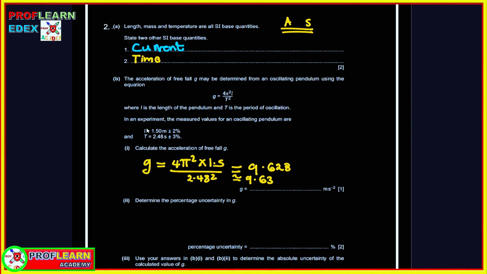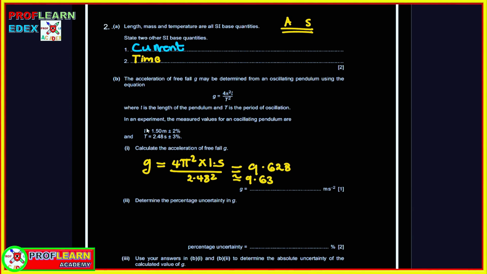Determine the percentage uncertainty of g. Remember, g is obtained by dividing L and T squared. So to find percentage uncertainty where quantities are divided, when we were learning this, we said that to get the percentage uncertainty of a derived quantity where two quantities are divided or multiplied, you are going to add the percentage uncertainties of the individual quantities.